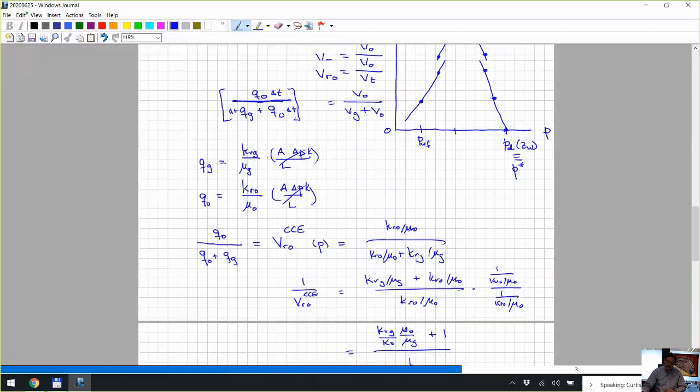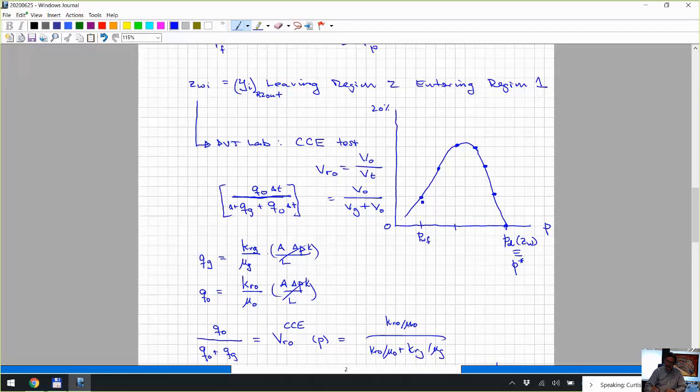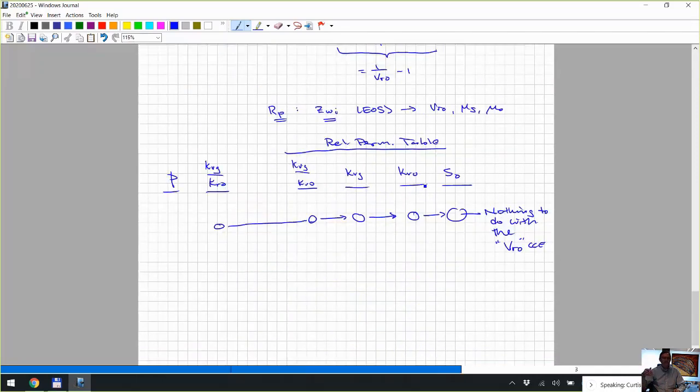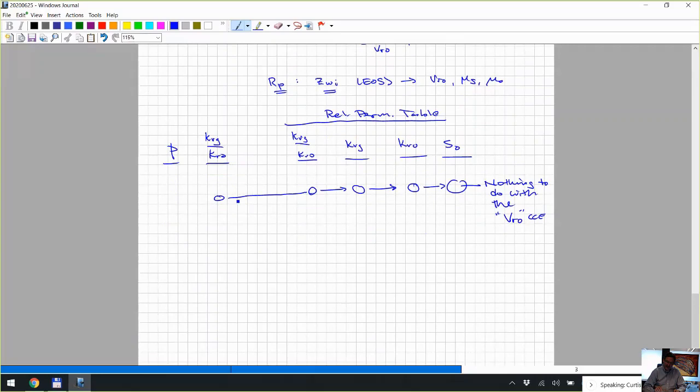What you'll see is that down here, your VRO might be 0.04. I think we made some calculations. It was down low like that. But if you went through that exercise, which is part of what we'll look at today, in the rel perm table you'd find a KRG and a KRO, and you'd find an oil saturation, and the SO is not equal to VRO divided by 1 minus SW.